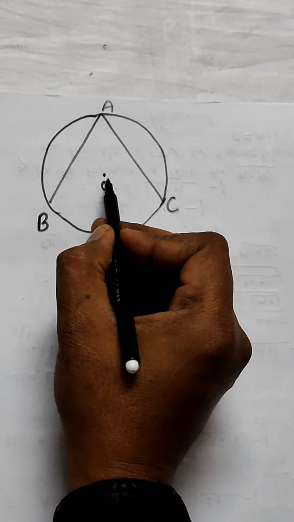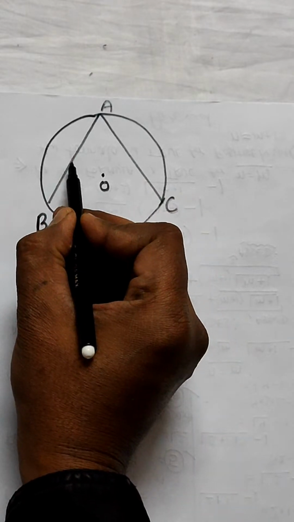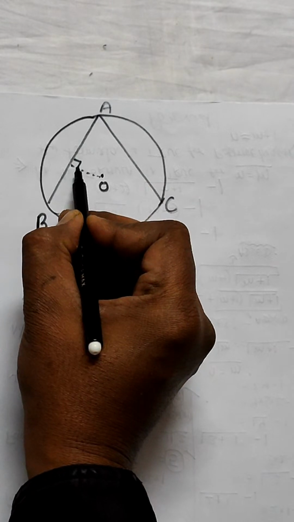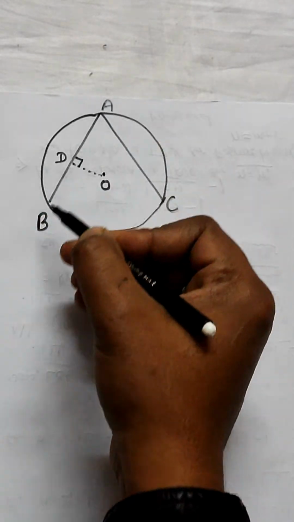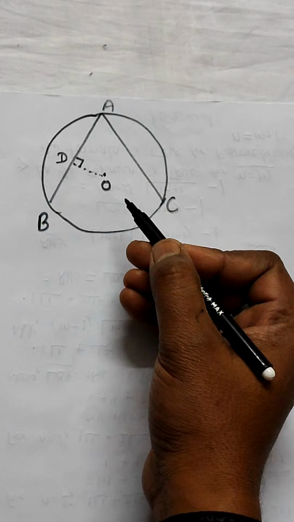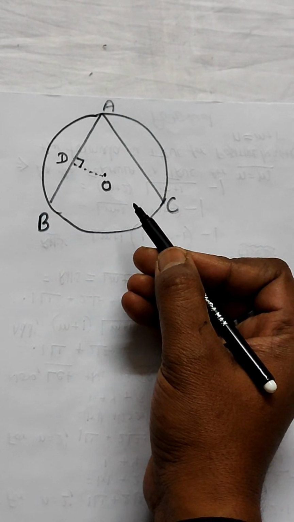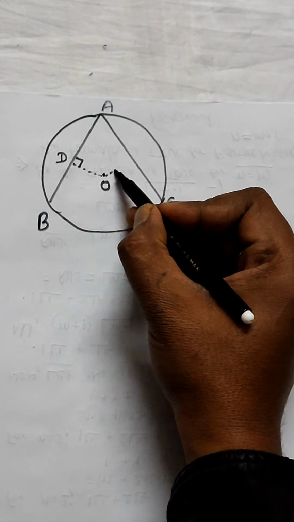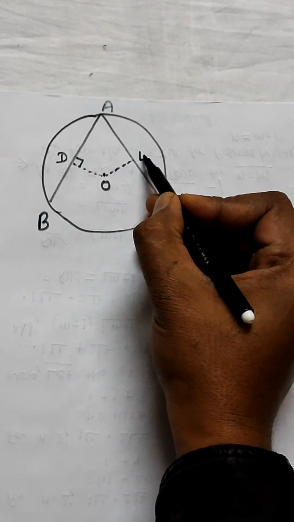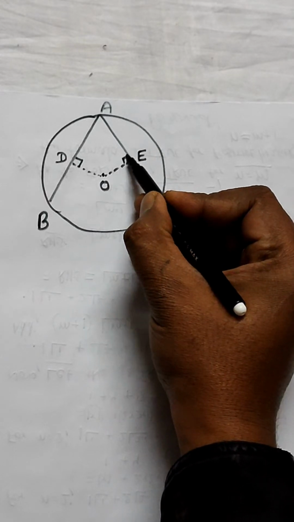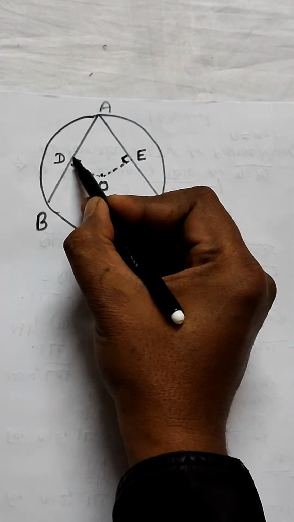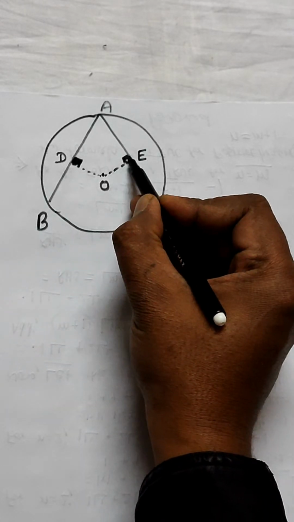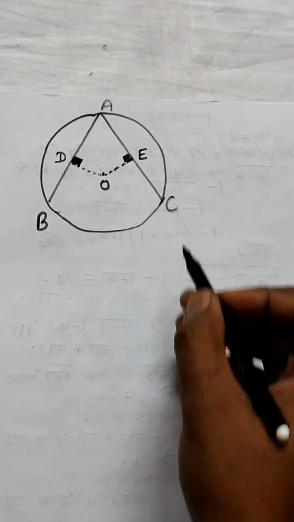And OD is perpendicular to AB. This is the data given in the question. And OE is perpendicular to AC. So these angles are 90 degrees, mind it.